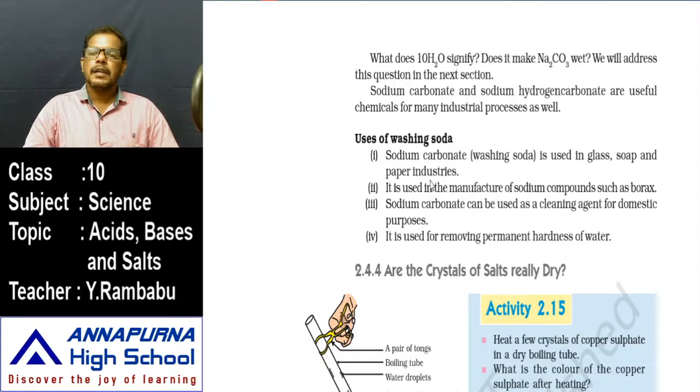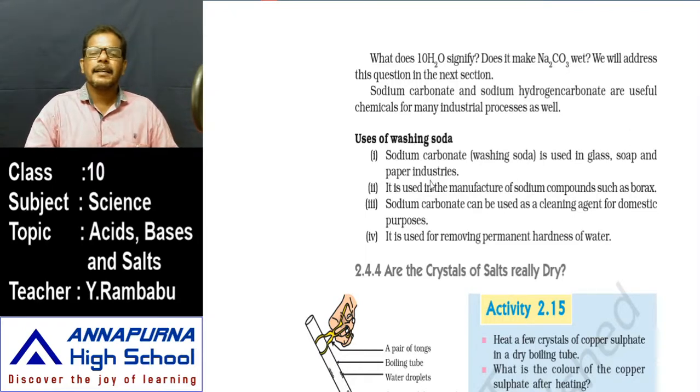During washing clothes, if sodium carbonate is added, it reacts with the grease or dirt and holds it, and when rinsed with water, the dirt or grease is removed from the clothes. That's why washing soda is used as an active ingredient in the soap industry, and not only in soap industries, in paper industries also.